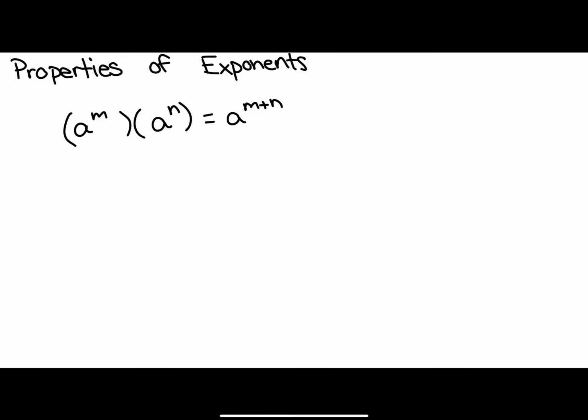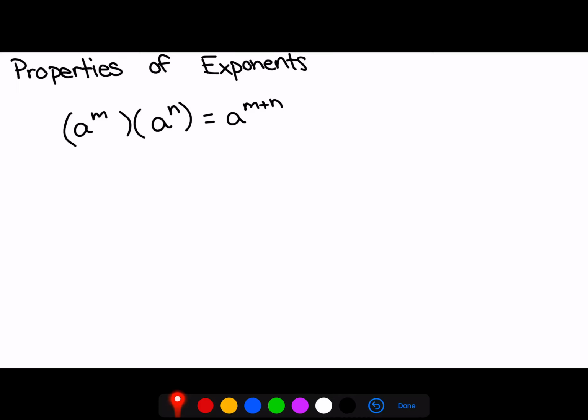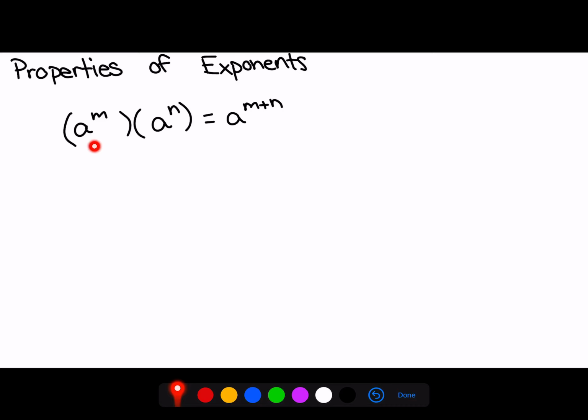So, first off, we have properties of exponents. As we can see here, we have a to the power of m times a to the power of n. This property says that if I'm just multiplying two exponents and they have the same base, as we can see these are both a, then I can just add these exponents.